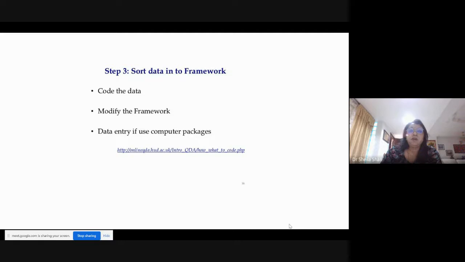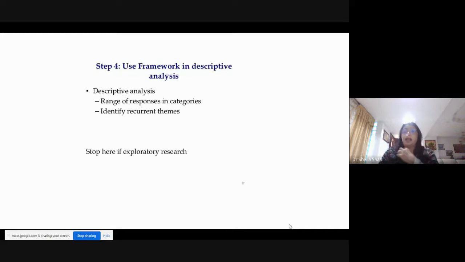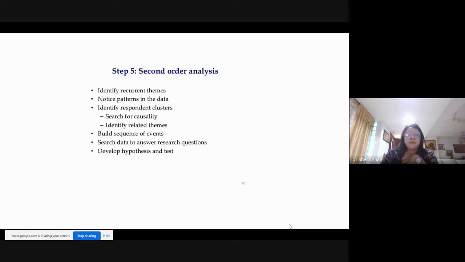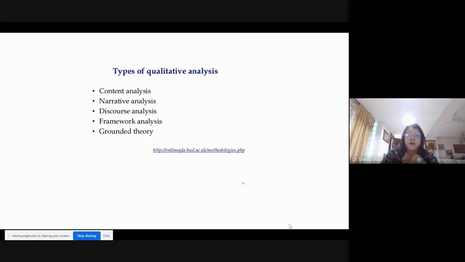And then code the data. You can use computer packages like NVivo, and then use the framework for descriptive analysis. So these are the steps lah in analyzing your qualitative data.